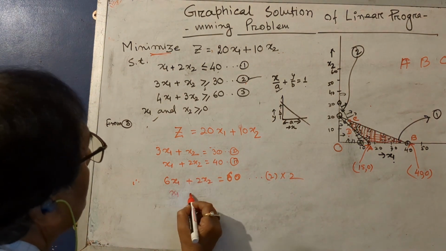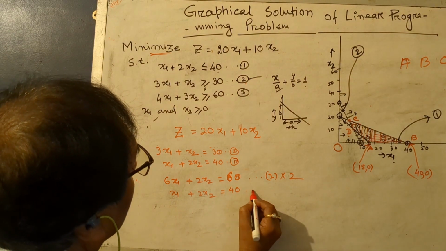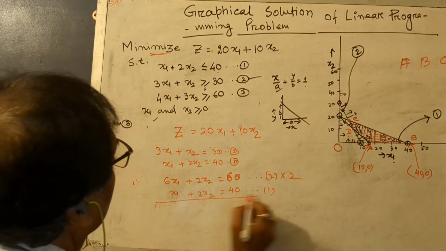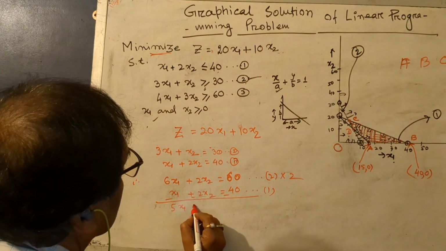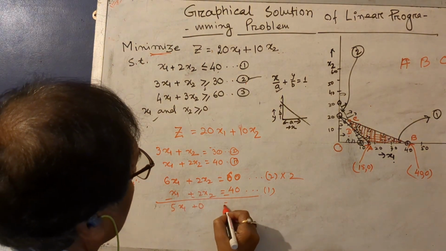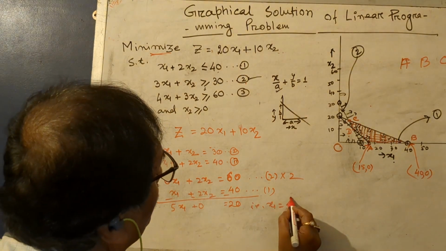If we multiply, 3 into 2 gives 6x1 plus 2x2 is equal to 30 into 2, which is 60. Multiply equation 2 by 2 and then subtract equation 1, that is x1 plus 2x2 is equal to 40. Then if you subtract, what will be the value? 5x1 plus 0 is equal to 20, that is x1 is equal to 4.